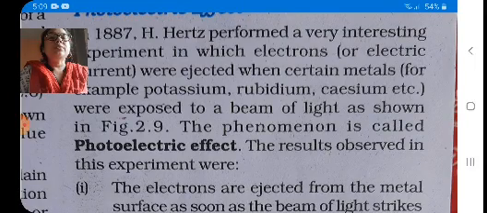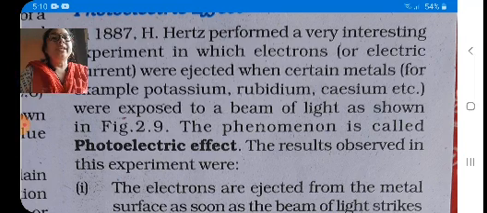In 1887 H. Hertz performed a very interesting experiment in which electrons were ejected when certain metals were exposed to a beam of light, as shown in the figure.